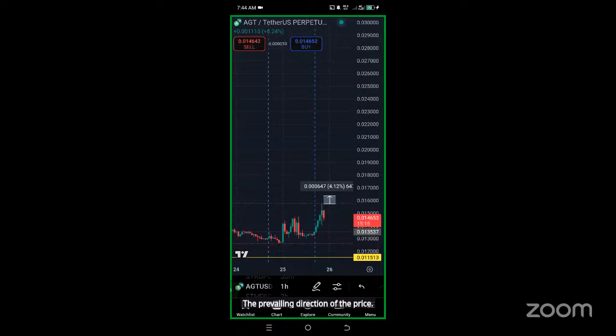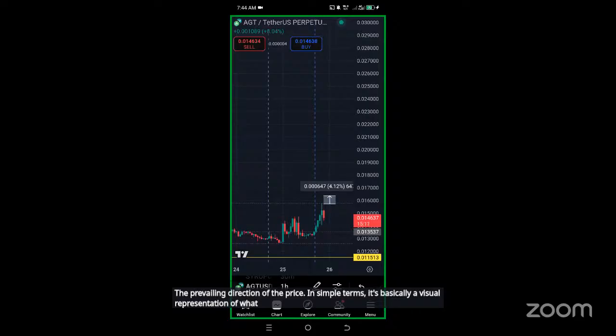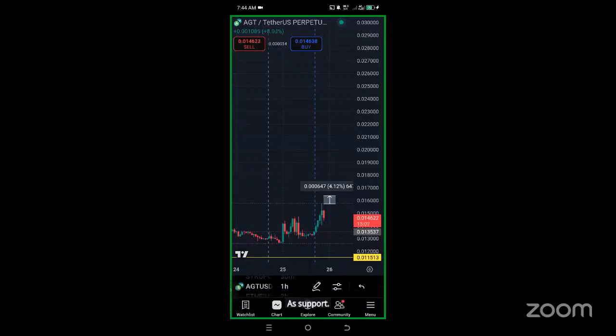In simple terms, it's basically a visual representation of what we commonly know as support and resistance in any time frame. Okay, so that is what a trend line is.